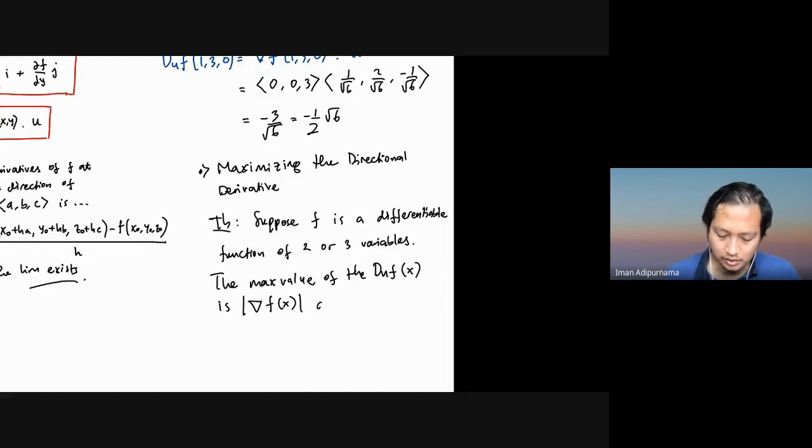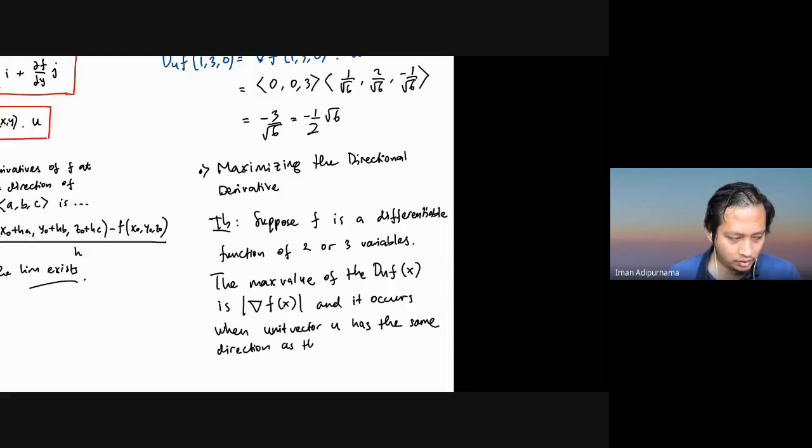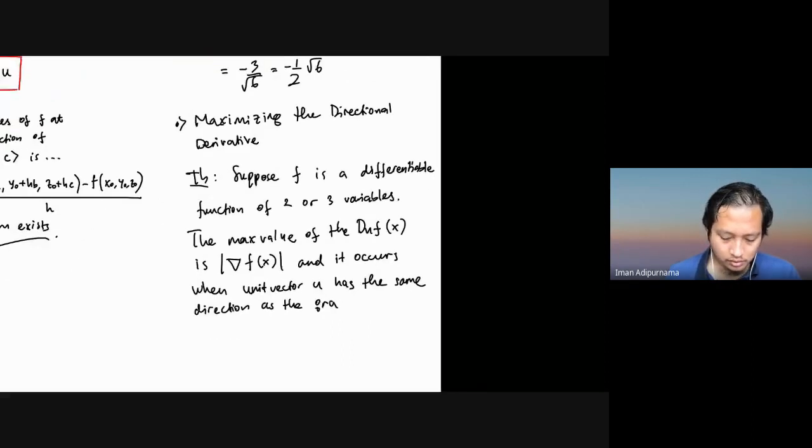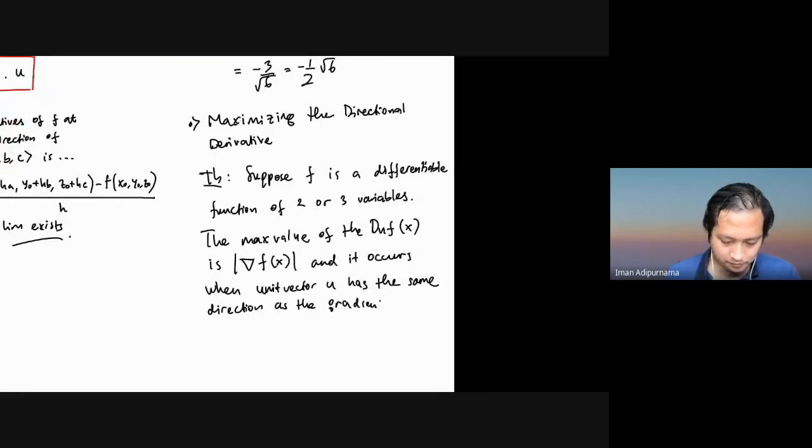Okay, and it occurs when unit vector u has the same direction as the gradient vector.